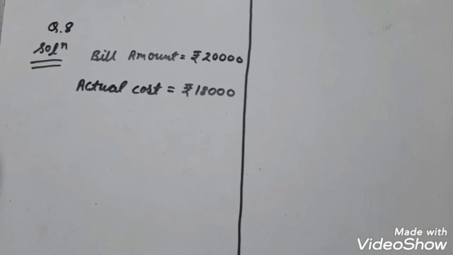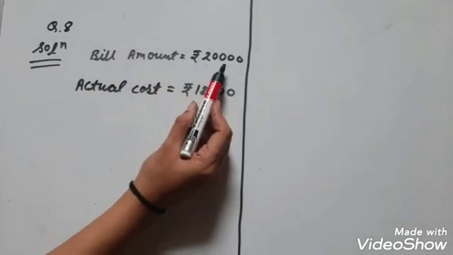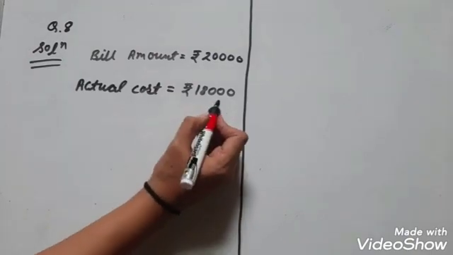Last question of this exercise. I am reading the question. Listen to the question carefully. A refrigerator is purchased for rupees 20,000, including sales tax. If the actual cost price of the refrigerator is 18,000, find the rate of sales tax. In this question, we have the bill amount as rupees 20,000 and the actual cost price of the refrigerator is 18,000.